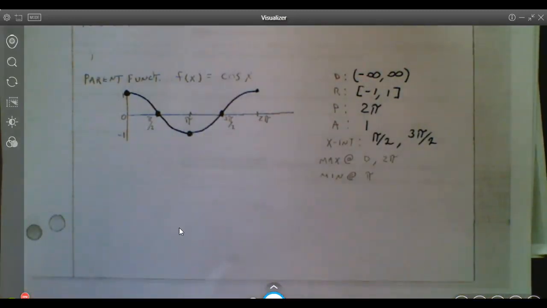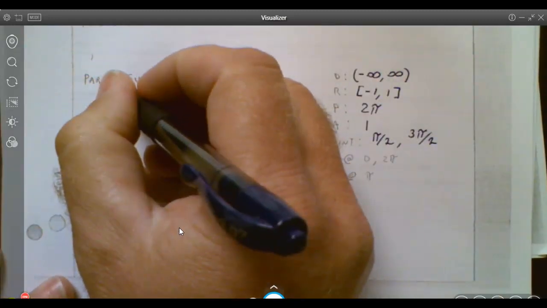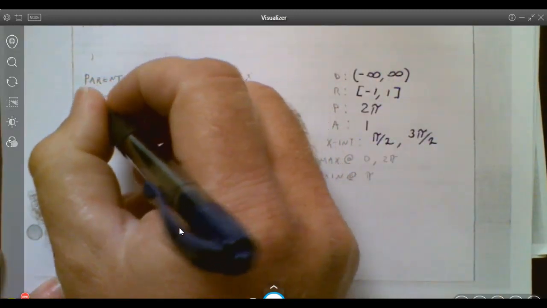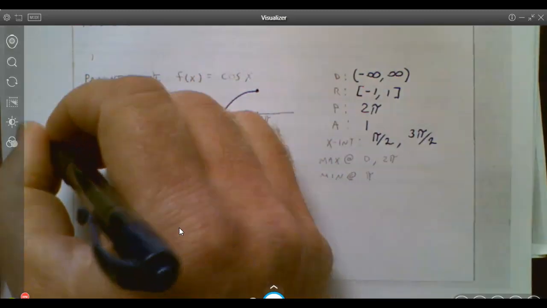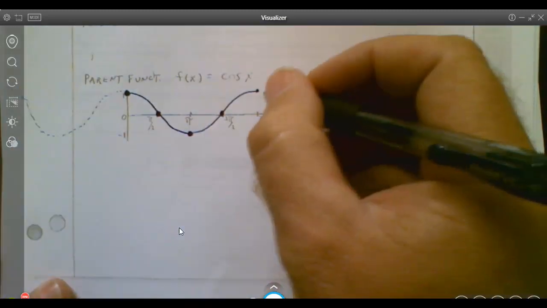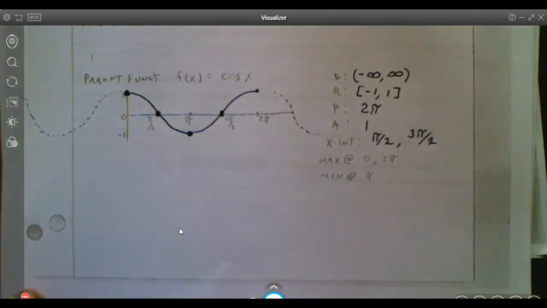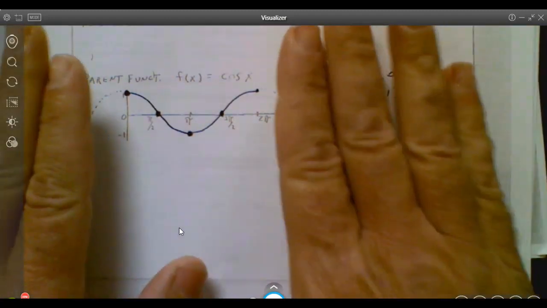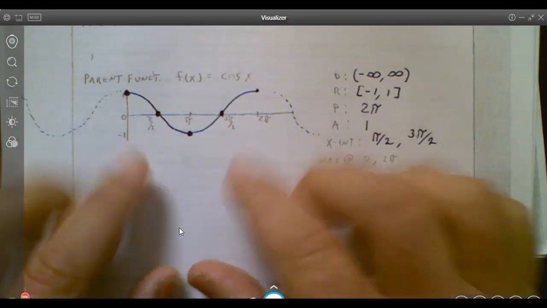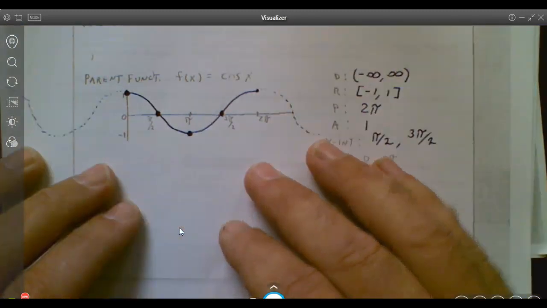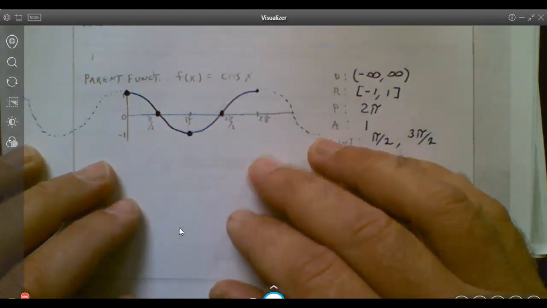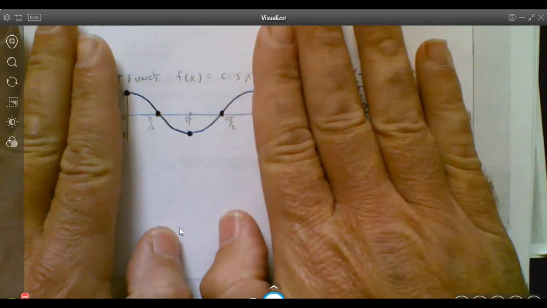So one thing that we're going to notice on this, and I'll just do this to point this out: if I extended the graph and let it keep going for more periods, what we're going to see is a cosine function matches the sine function with a horizontal shift of pi over 2. So here's our cosine function.